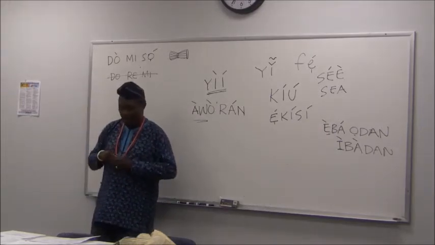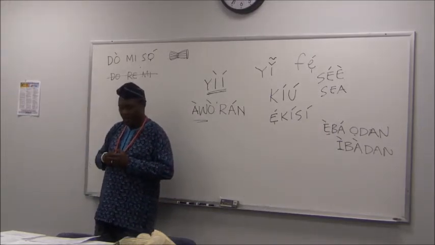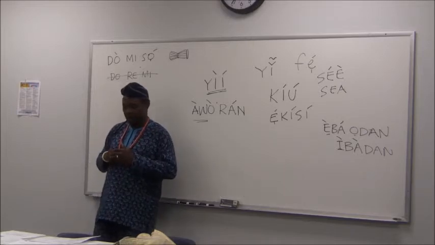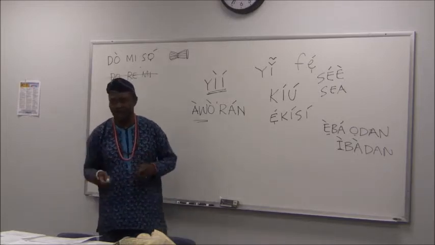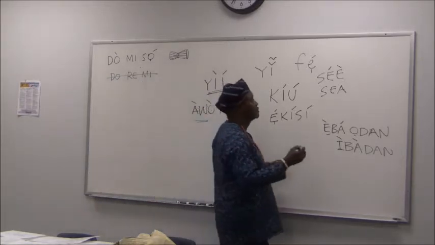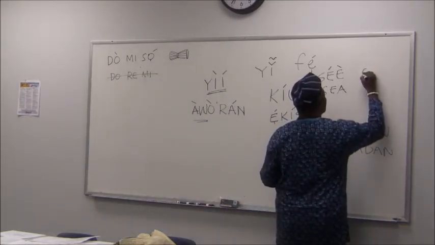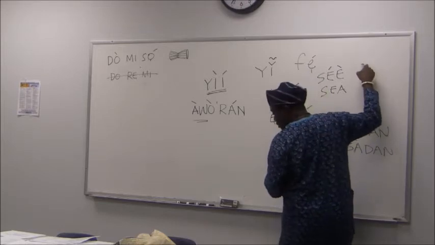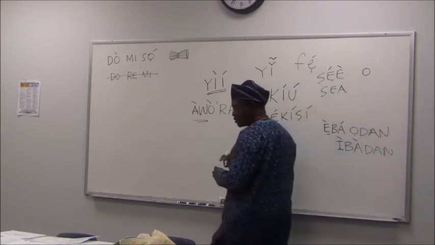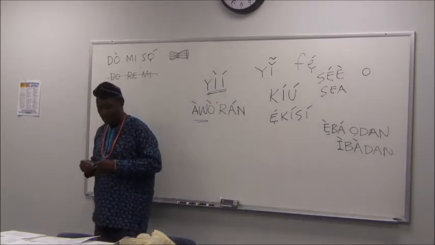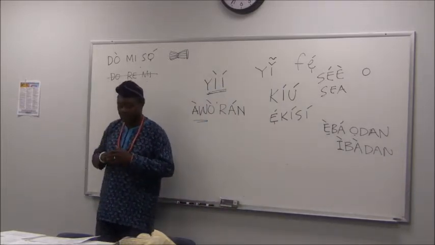Ṣé ó ń bọ̀? Ṣé ó ń bọ̀? That O there is simplified. It's supposed to be neutral. Mbo, coming. Are you coming?